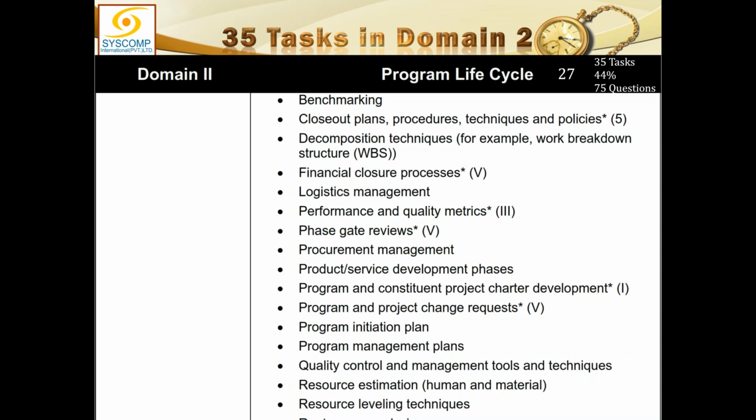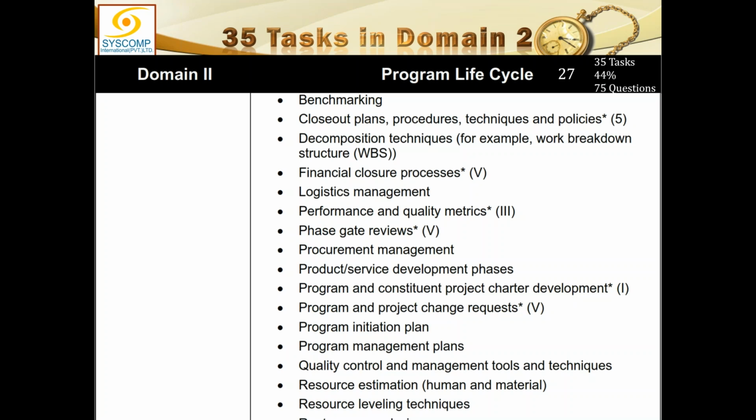So, program management plan will seek its guidance from the program governance framework. The project management plans always seek their guidance from the project governance mechanism. So, project governance is subordinate to the program governance, and program governance is subordinate to the portfolio or organizational governance mechanisms.